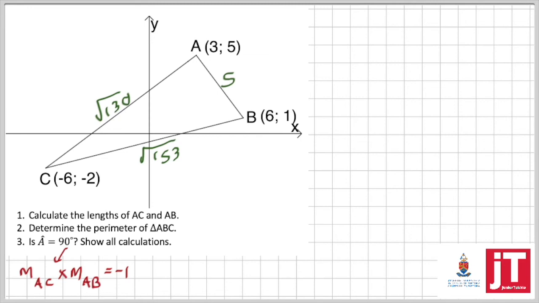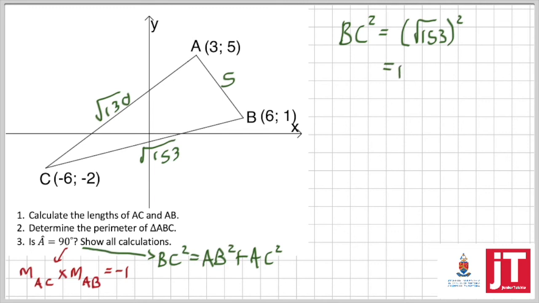That's the easy way. But because this is a distance formula video, I'm rather going to look at the converse of the theorem of Pythagoras. In other words, if BC squared is equal to AB squared plus AC squared, then angle A must be 90 degrees. So I'm going to start by looking at BC squared, and that's simply 153.